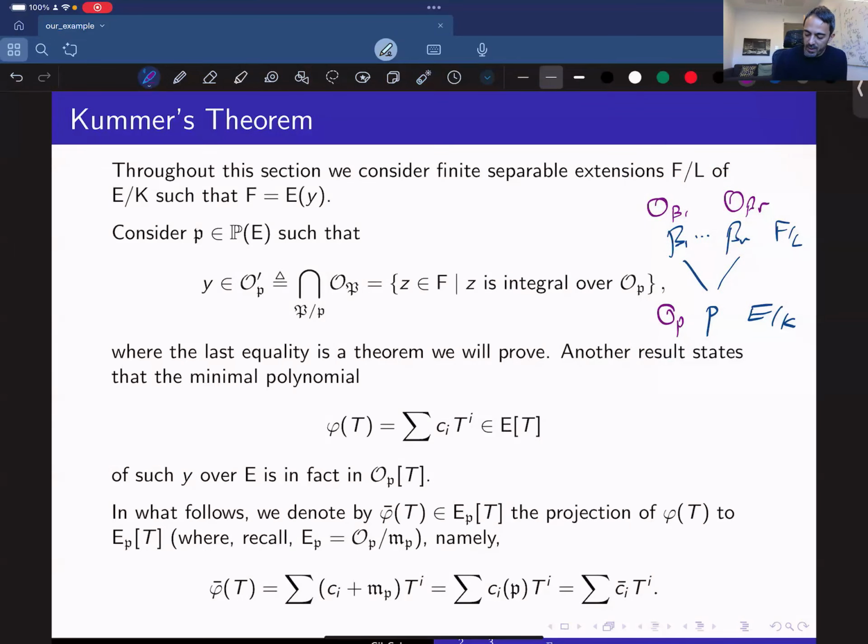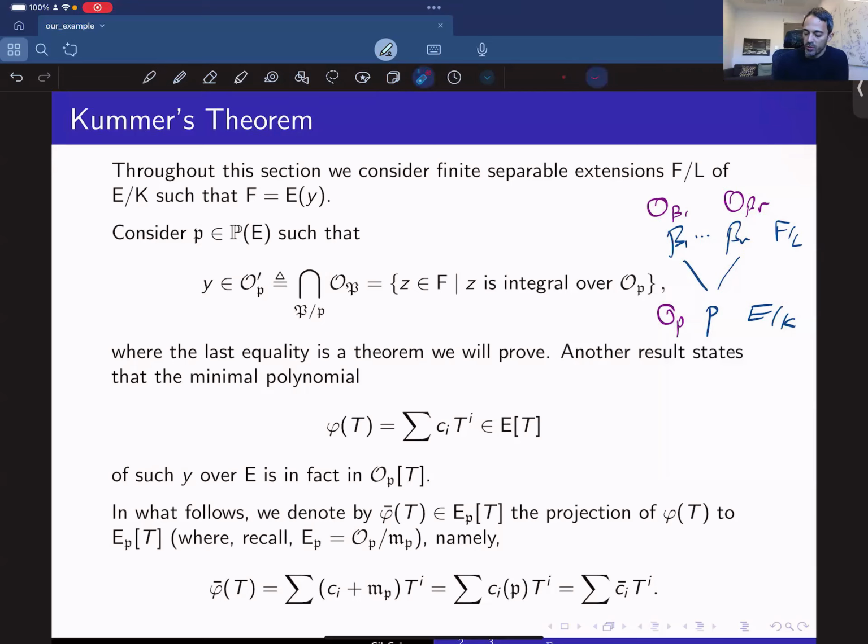Because the easiest way to see it is in terms of valuation rings, because O_p is obtained by O_P1 intersection E and also by O_P2 intersection E and so forth.